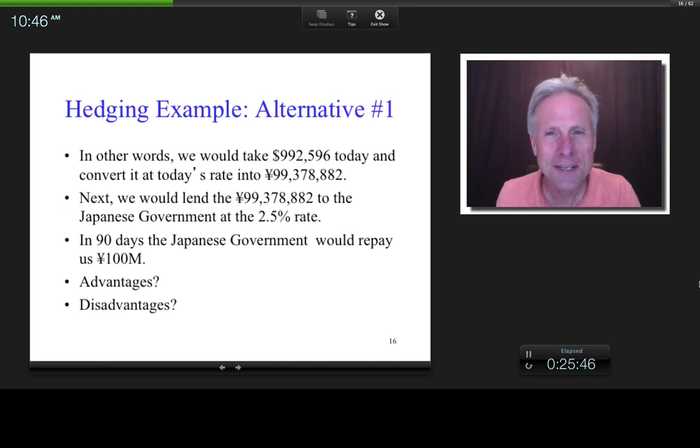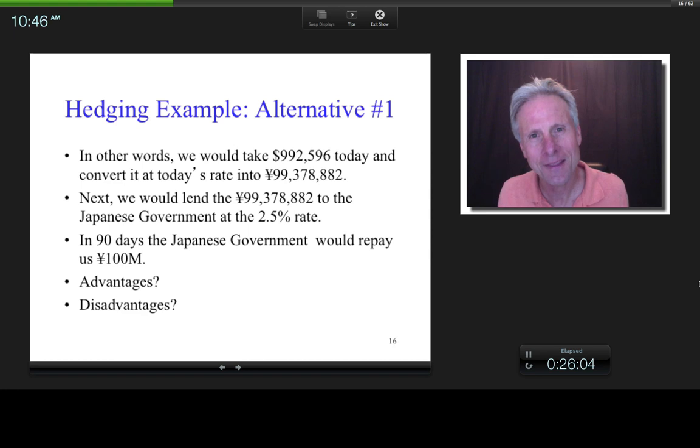Now, can you think of any disadvantages? Now, one thing that you might say is, well, we gave up the opportunity to maybe unexpectedly pay fewer dollars than expected. And that's true, but then at the same time, have we also given up the opportunity to pay more dollars than expected?